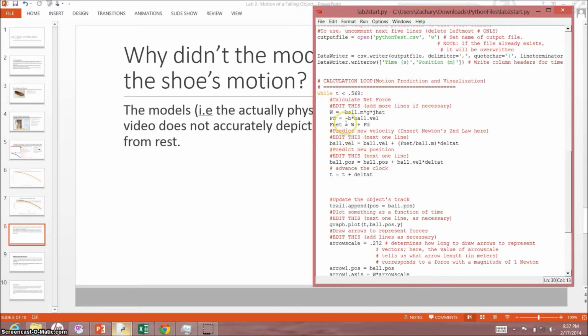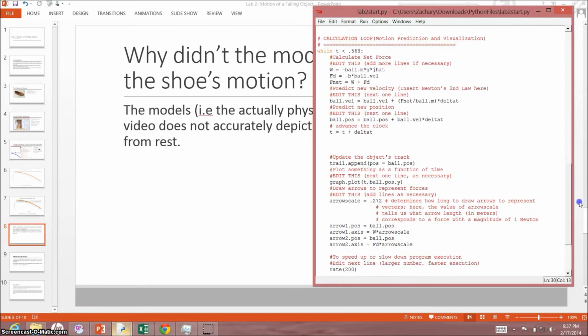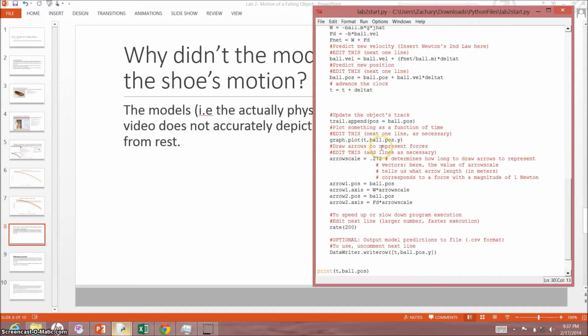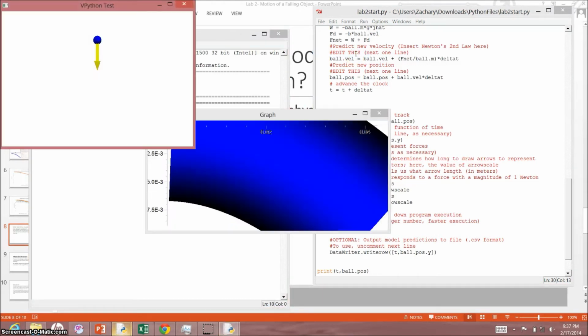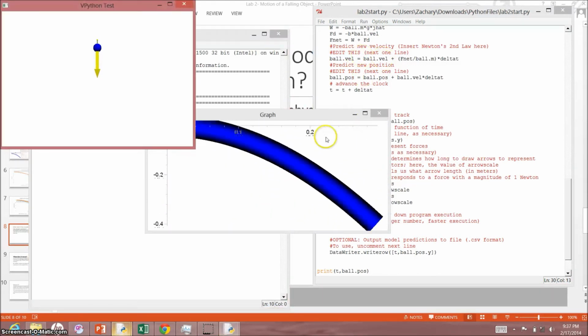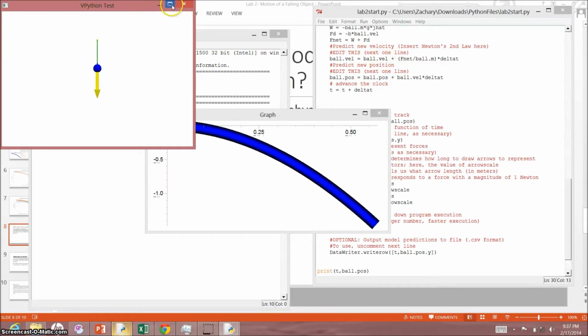Then we have all our forces defined here, as well as Newton's second law written out in code again, so that we can track the object's position for every delta t. And then down here we have another new variable, which is arrow scale, which we use to create arrows that point in the direction of the forces acting on the shoe. And that value was found using a base of 2 meters and then dividing by the weight force.